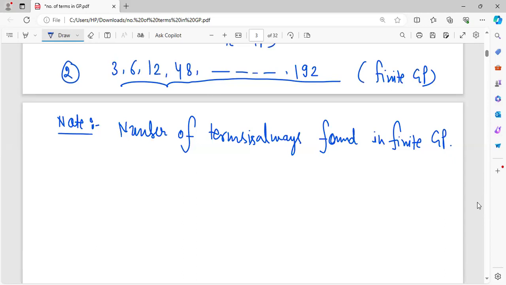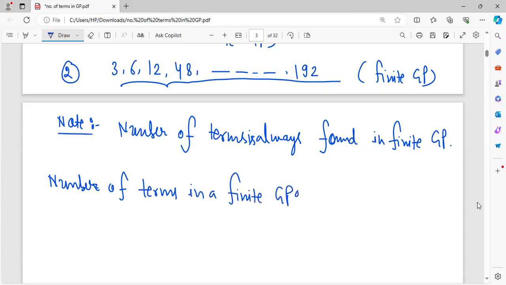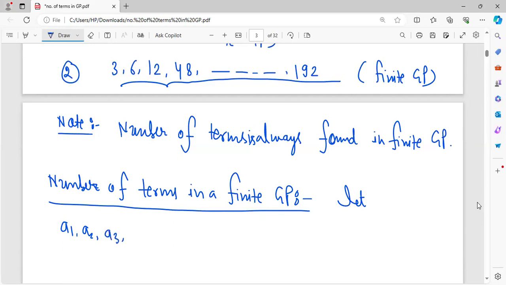So, number of terms in a finite GP. Let A1, A2, A3, like that, and some last term AN is given.